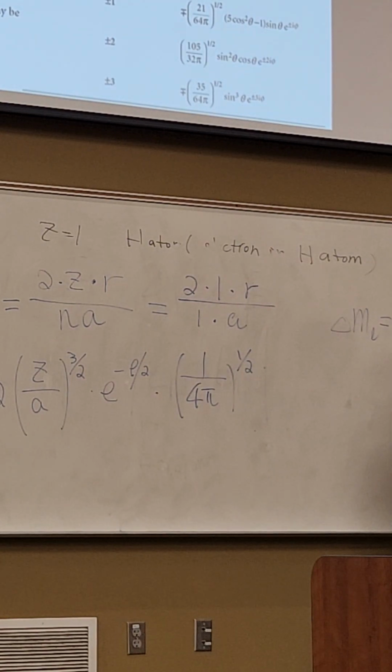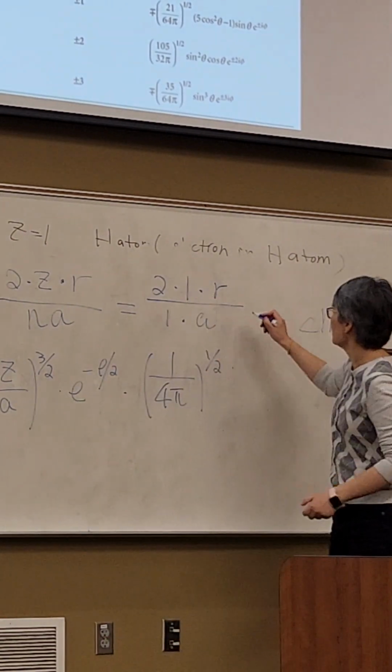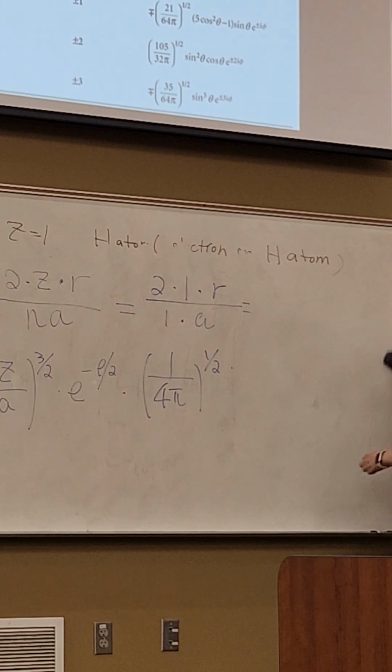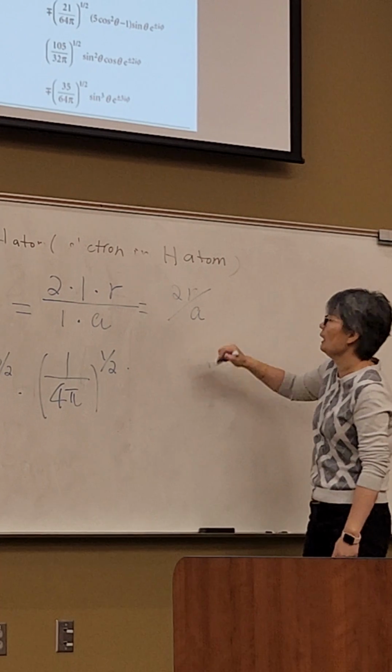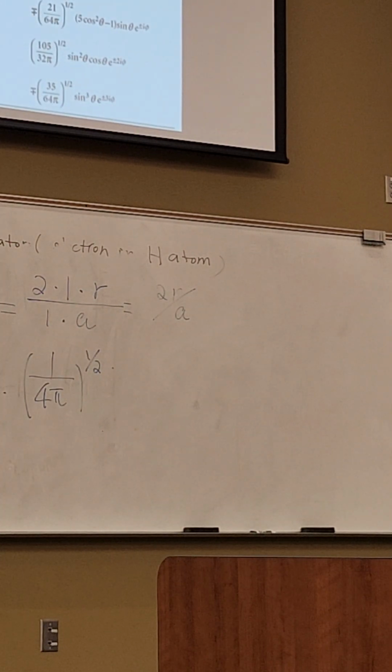Any questions on that? Alrighty, so therefore I can simplify this as, for the ground state hydrogen atom, 2r over a. a is a constant. I won't worry about that right now.